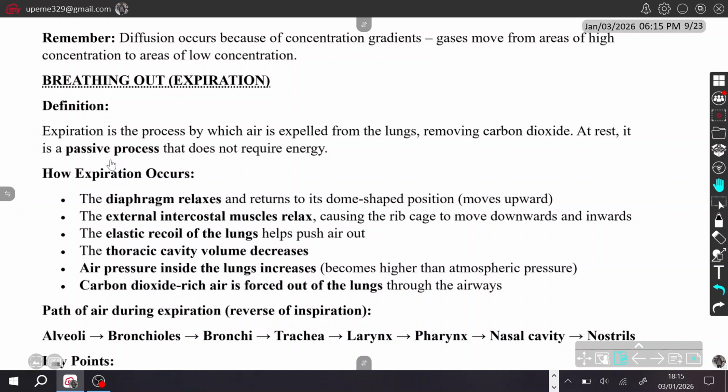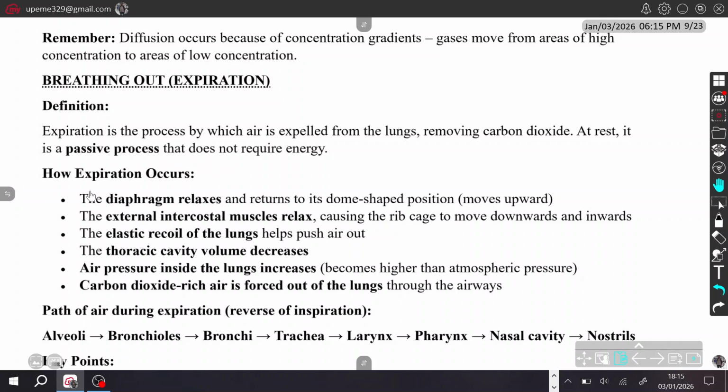So breathing out, or expiration, is the process by which air is expelled from the lungs, removing carbon dioxide. At rest, it is a passive process that does not require energy.